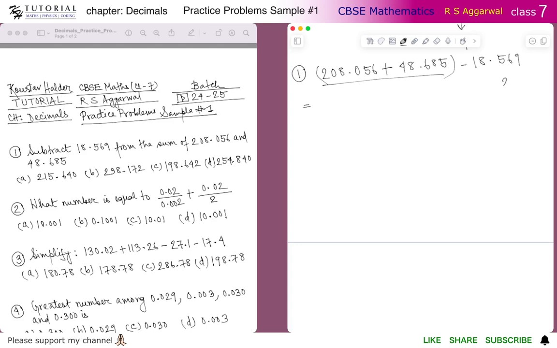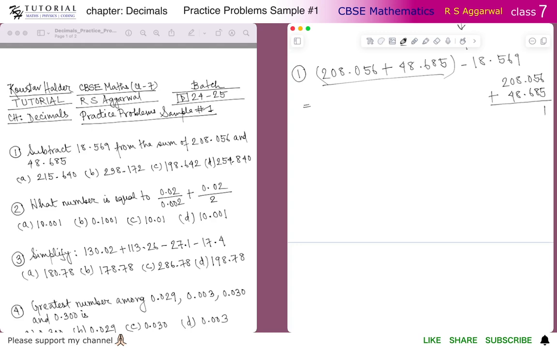You write all the decimals in the column form, one below the other, so that the decimal points are in the same column and the respective digits of the decimal part and the whole part are in the same column, and then you add just like whole numbers.